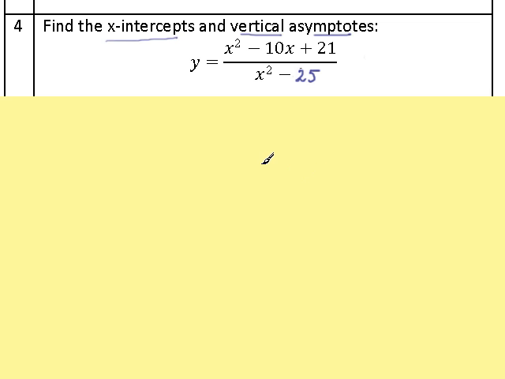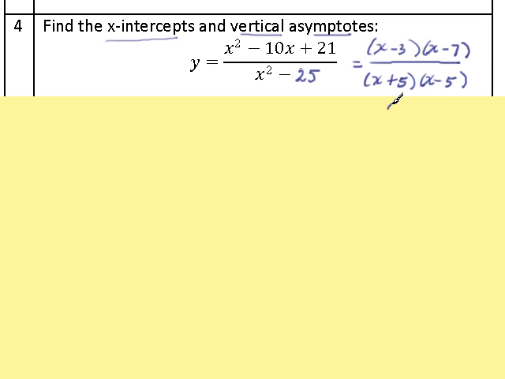In number 4, we want to find x-intercepts and vertical asymptotes of this rational function. So we first factor the numerator and denominator. So here we have x minus 3, x minus 7. And here we have x plus 5, x minus 5. And the x-intercepts come from the zeros of the numerator and the vertical asymptotes from the zeros of the denominator.